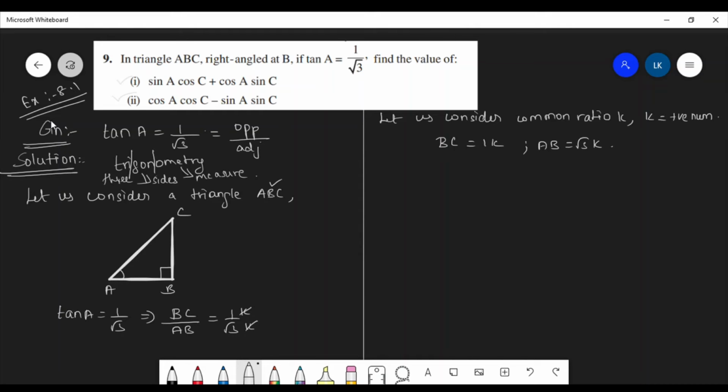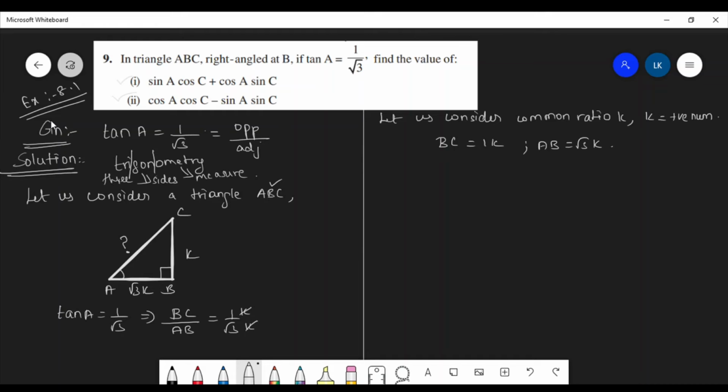We consider the common ratio K so that we can find the values: the value of BC is K, and the value of AB is root 3 K. And we have to find the hypotenuse.